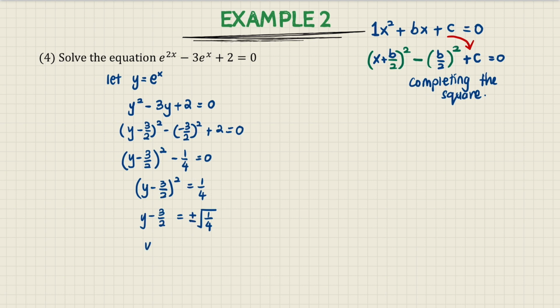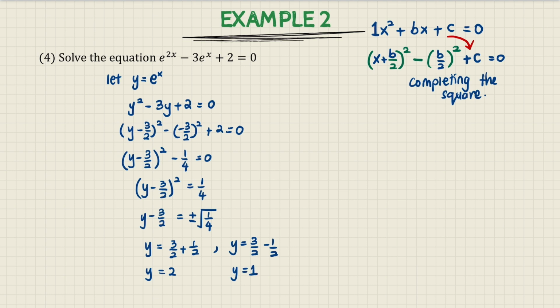Then y equals 3 over 2 plus the square root of 1 over 4, which is 1 over 2. And the other one is y equals 3 over 2 minus 1 over 2, because here we have plus minus. Simplify: 3 plus 1 is 4 over 2, which equals 2. And the other one, 3 minus 1 is 2 over 2, which is 1.